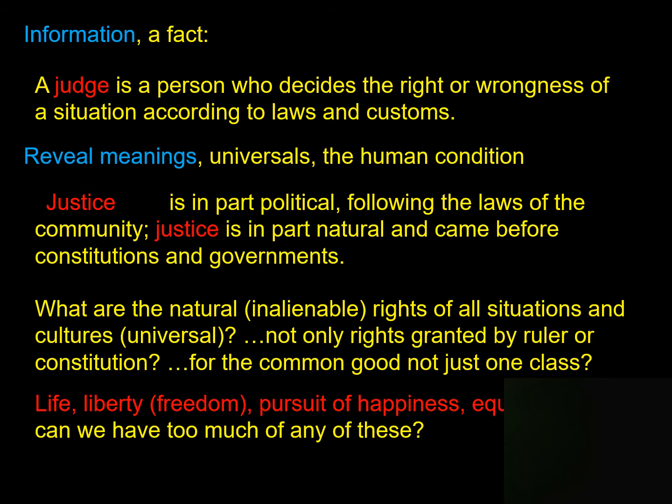We chose to write in life, liberty, including freedom, and the pursuit of happiness. What's missing there is equality, and perhaps in other classes you've talked about the difference between equality and equity. Equality is defined as everybody gets the same, and equity is more where those who need more get more, which has been a topic in our classes before.